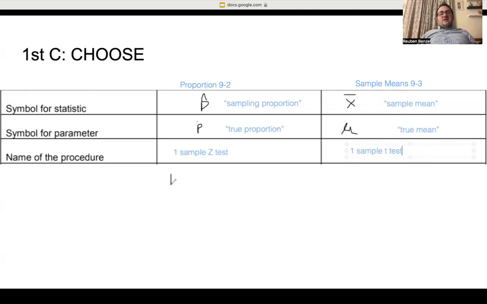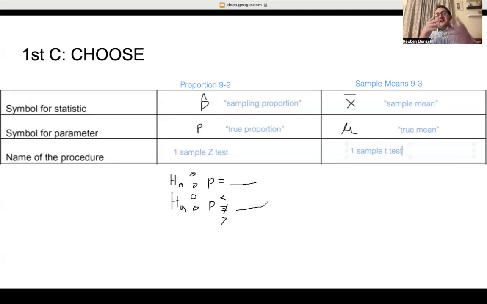One thing you also want to lay out carefully is your null hypothesis. In the case of a proportion, it's going to be p equals blank. And then the alternative hypothesis will be p is either less than, not equal to, or greater than blank.